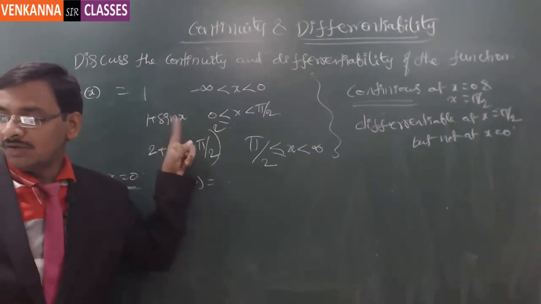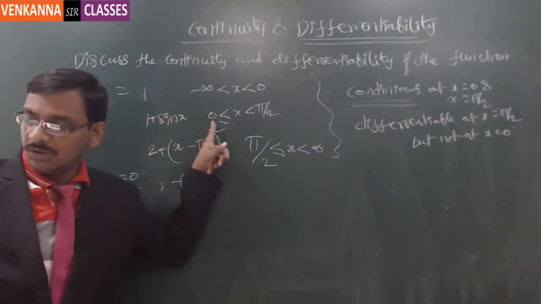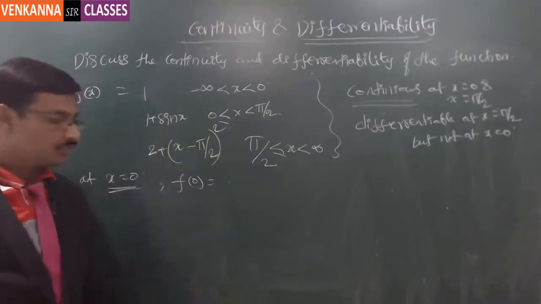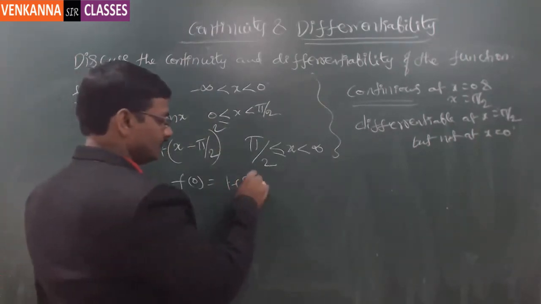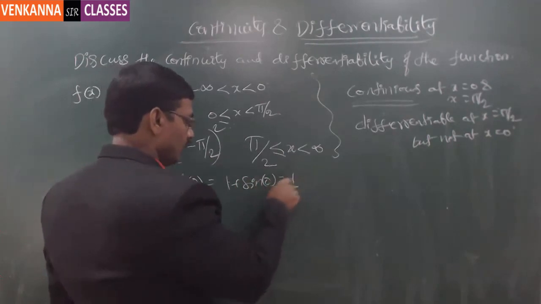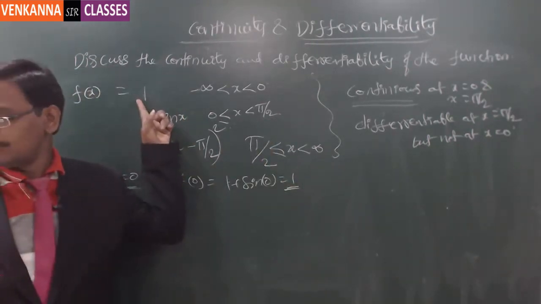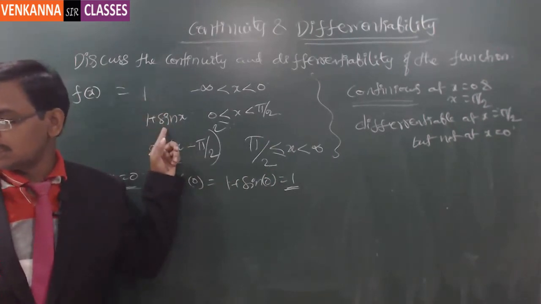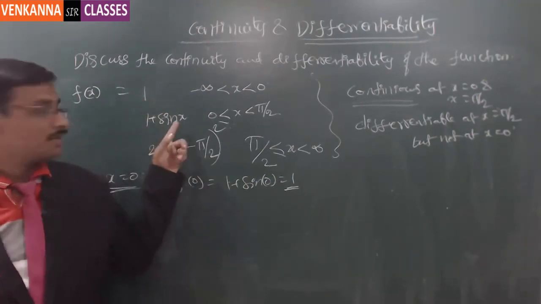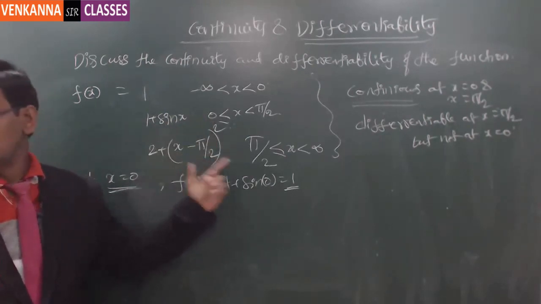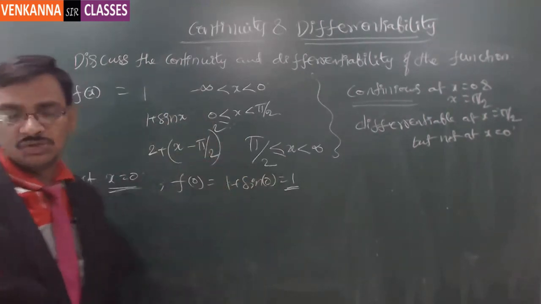That means when you are considering x is equal to 0, you need to substitute 1 plus sin 0. This value is 1. But you need to consider this function, 1 plus sin x. You can substitute the value of 0, then you get the function value f of 0 is equal to 1.